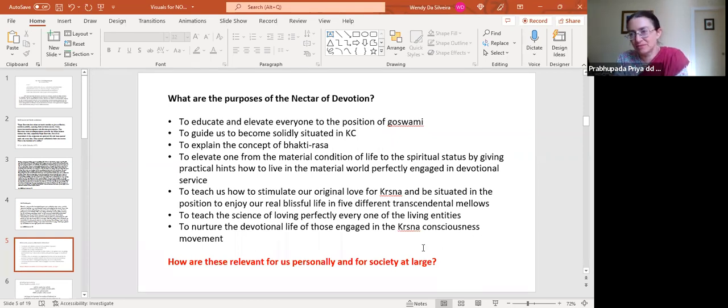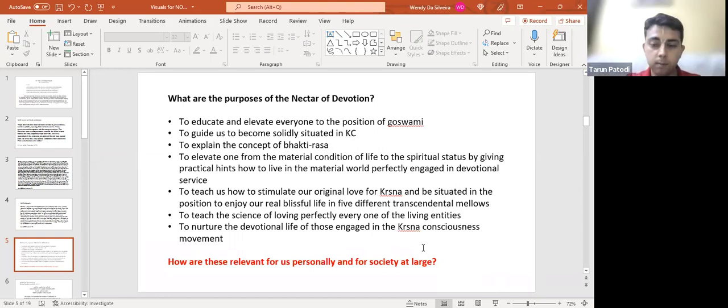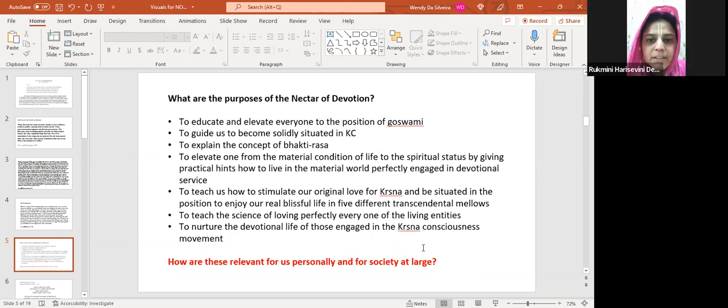Just go ahead and raise your hand if you want to say something. Yes, Rukmini. Yes, Mataji, it is very much important for me if I want to grow in my spiritual life. I read in the Nectar of Instruction, the first verse, which tells about the eligibility to become a Goswami.